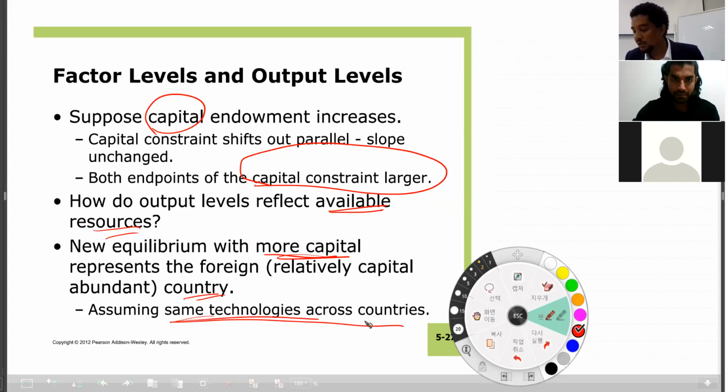So assuming the same technology is used across the home and foreign, okay? Because in the assumption for this model, the Heckscher-Ohlin model, we have said that we consider technology and consumer taste to be the same.